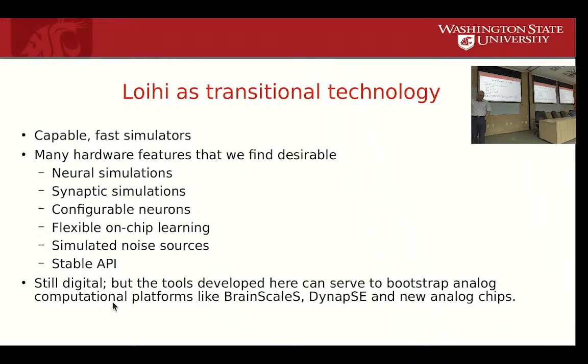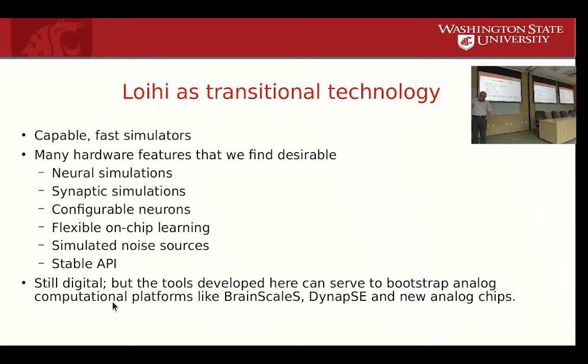This on-chip learning was very exciting, with many of us still not using it, but the fact that it's there and allows for the learning mechanisms that are built into the electronics is very desirable. It has simulated noise sources. Essentially, every neuron has its own random number generator if it's needed. In some cases it's needed, I'll highlight.